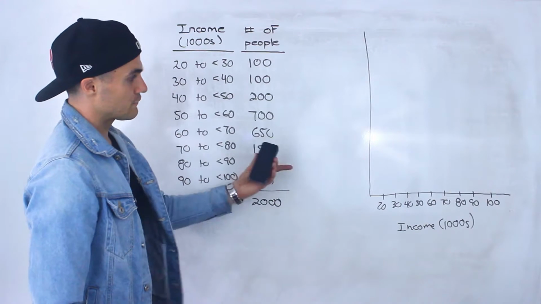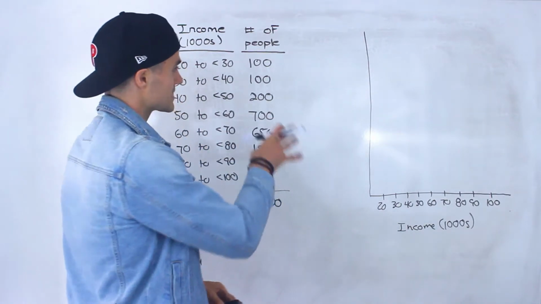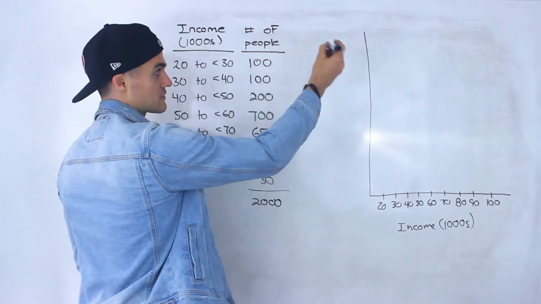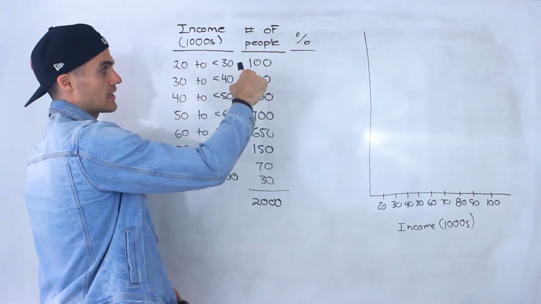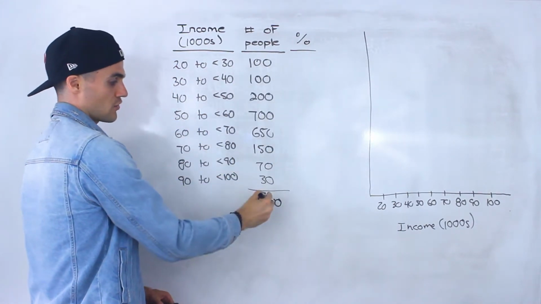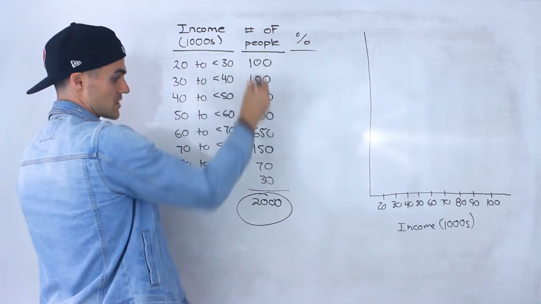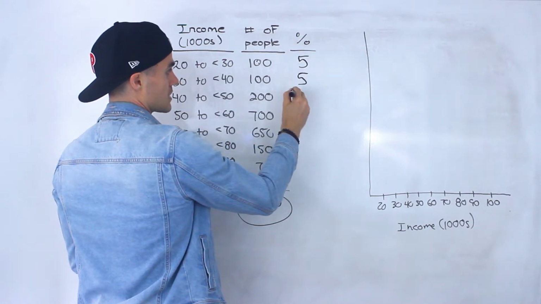So in that first table, I created a frequency histogram, but I'm going to skip the frequency part, which is this column, and I'm going to create a relative frequency. So remember, relative frequency, we got to take the percentage of each of these observations from the total number of observations that we're looking at. So notice 100 of 2,000, that's going to be 5%, 5%, 10%.